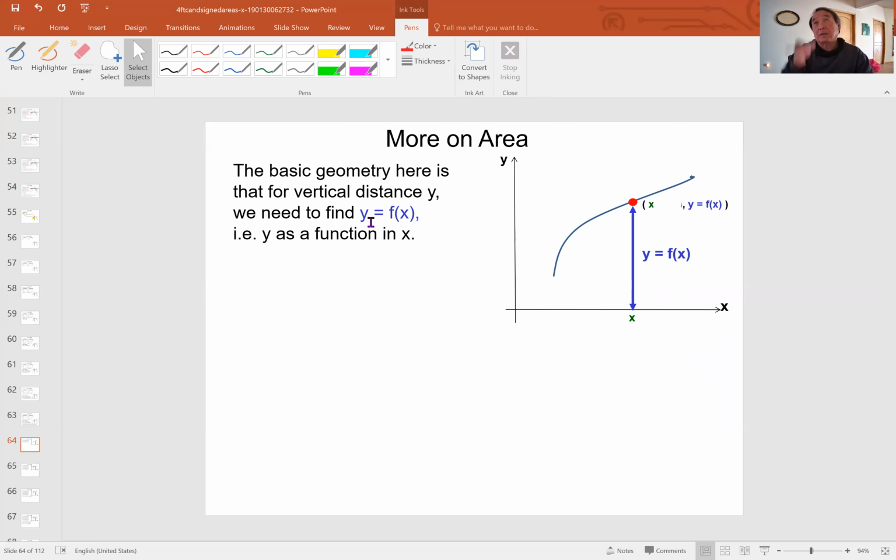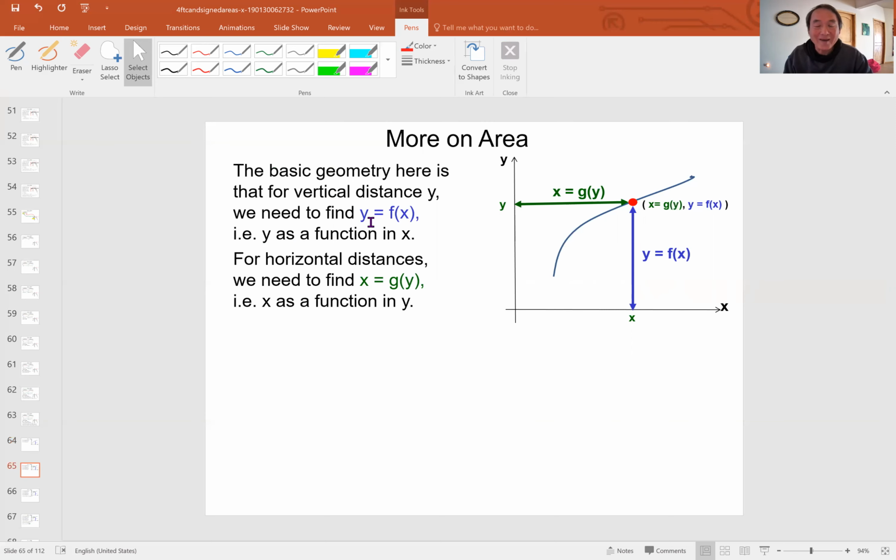Given an x, the vertical distance to the point is a function of x. You want y in terms of x. But if I want to know the horizontal distance from the point to the y-axis, then I want the x coordinate. So at a given level y, if I want the horizontal distance, I need to solve for x in terms of y.